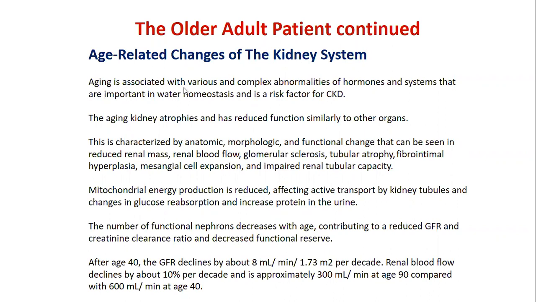Aging is associated with various and complex abnormalities of the hormones and systems that are important in water homeostasis and is a risk factor for CKD, chronic kidney disease. So as we get older and older, the kidney undergoes age-related change, with a fall of function after the age of 50 years, suffering a slow but progressive decline in its regulatory range of function.